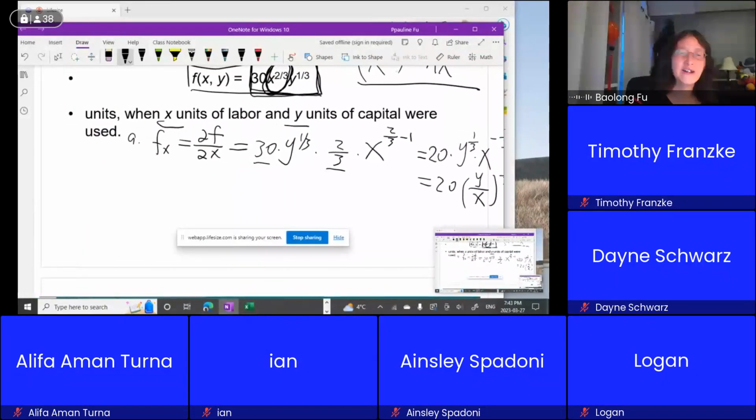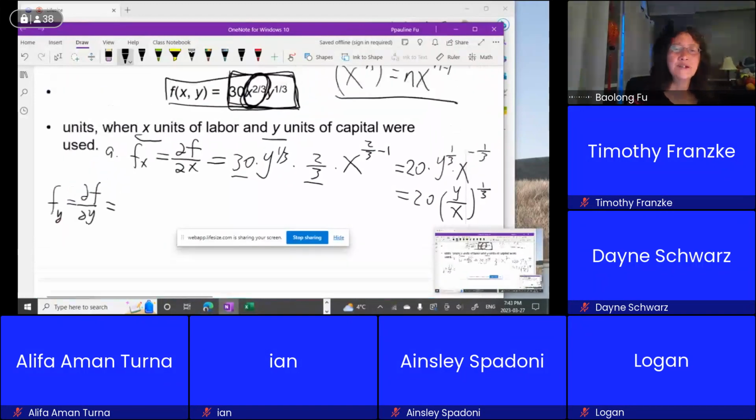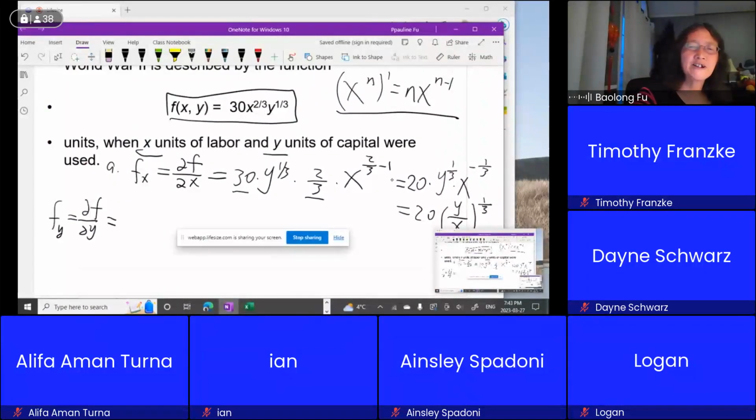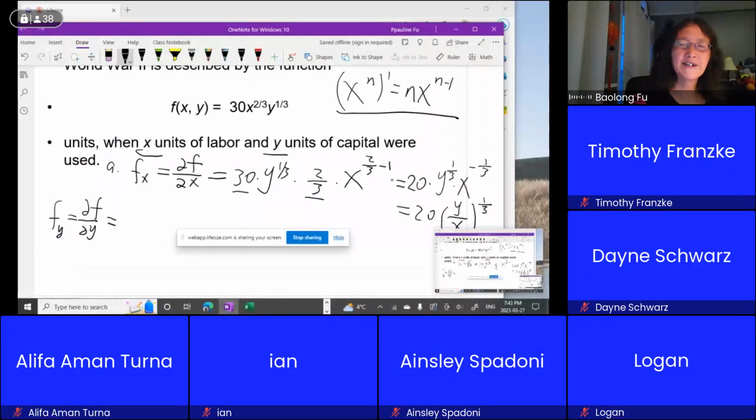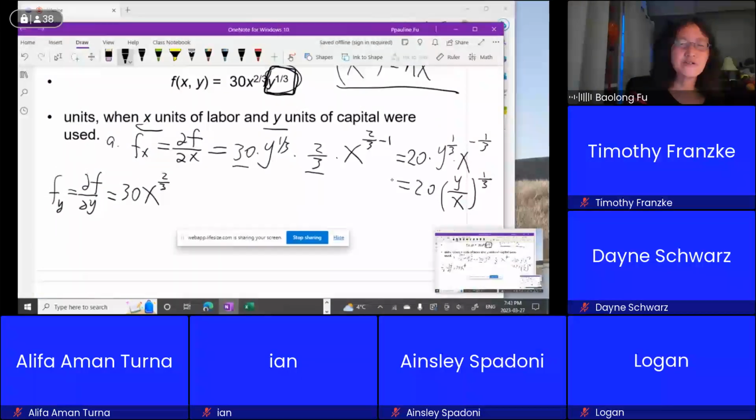So this is Fx, and then Fy means df/dy, which means you only take the derivative for y, x is constant, so only the derivative for this part. The other part is constant. So 30 x to the 2/3 is constant, and for y you use 1/3 y to the minus 1.